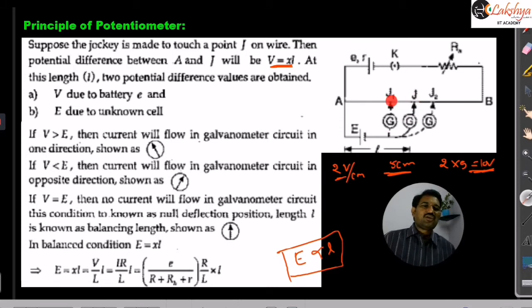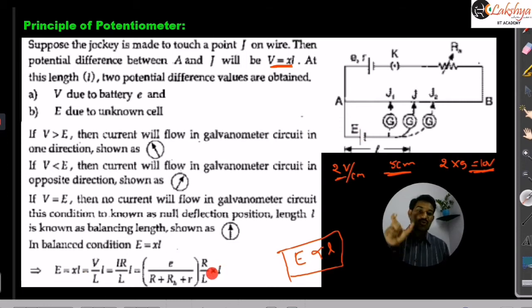If you make it at J1 or J2, some current will flow, but in opposite directions. When no current is flowing through the cell, the potential difference across the cell is nothing but the EMF of the cell. So we can measure the EMF of the cell by using this potentiometer.